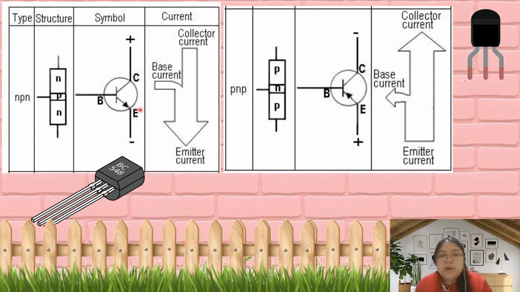So how do we memorize the arrow? When the arrow goes out, we use NPN to represent it. N stands for never, P for point, then in, and the last N stands for another N. So you just remember: never point in. Never point in means point out. So that is an NPN.